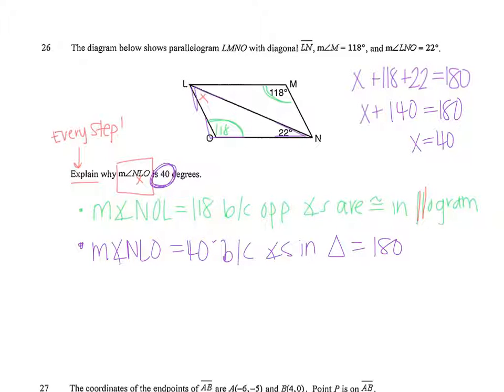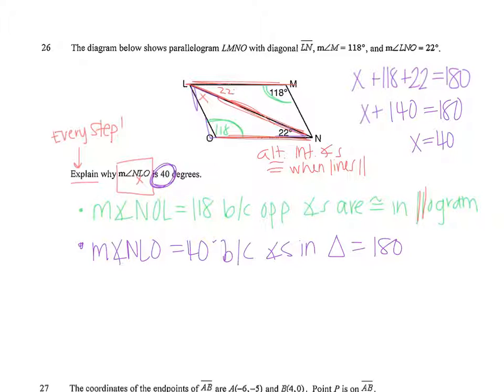You could have said something like this angle is 22, and so then this angle is 22. And that would have been because alternate interior angles are congruent when lines are parallel. So on and so forth. There's different ways that you could have solved this, but this is the quickest version.